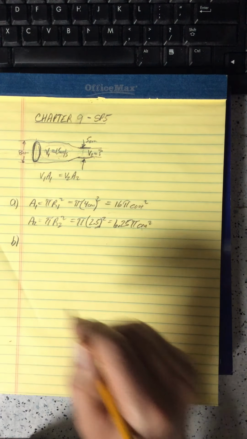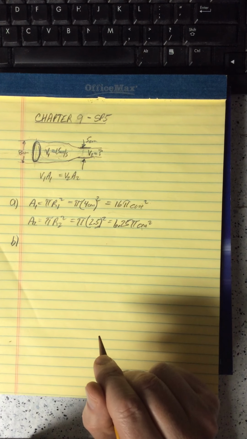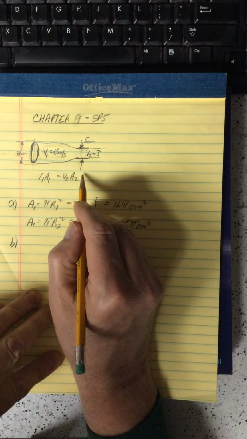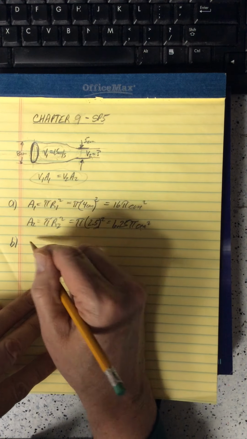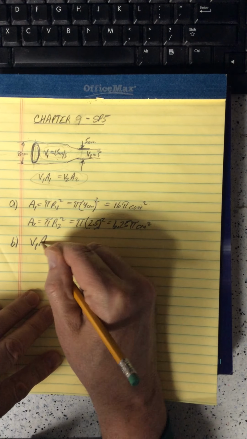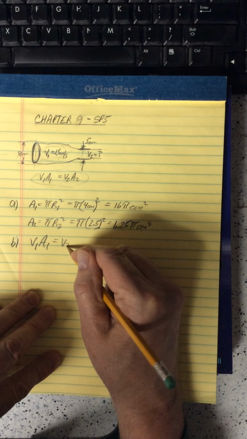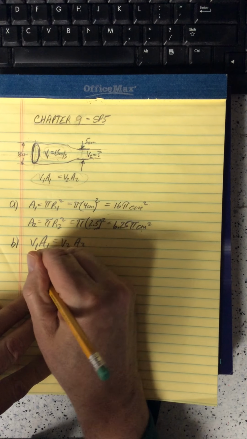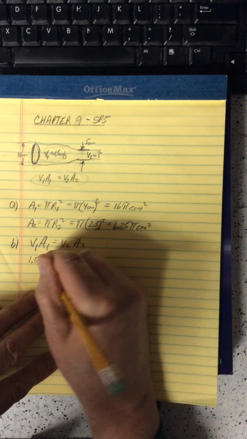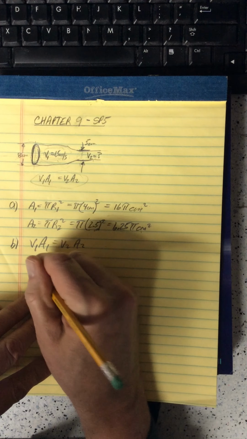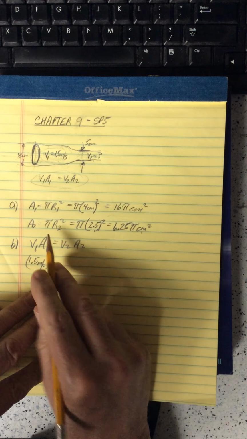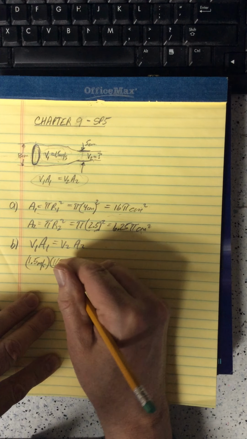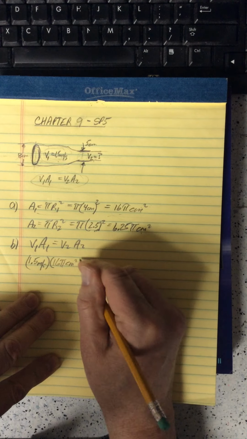Now B. B says, what is the speed of the water in the narrow portion of the pipe? Well, that's just a plug-in. Here's our formula. V1 A1 is equal to V2 A2. V1 is given as 1.5 meters per second multiplied by A1, which is 16 pi centimeters squared.